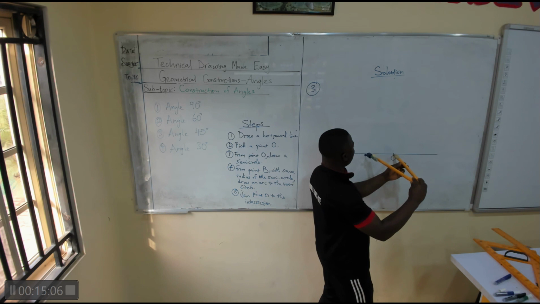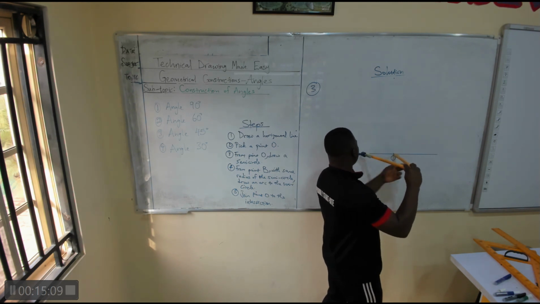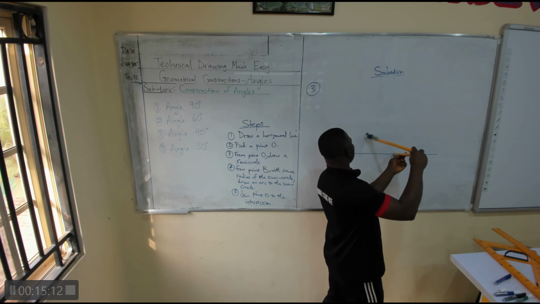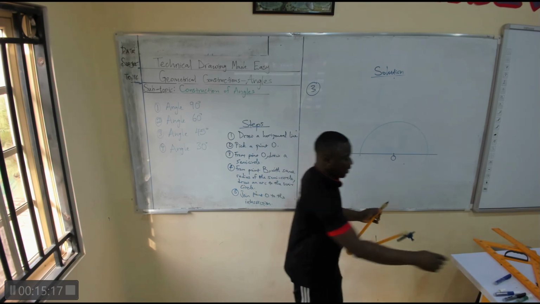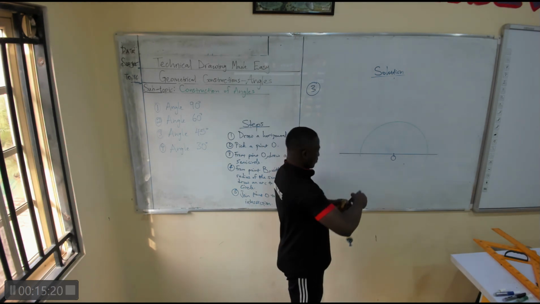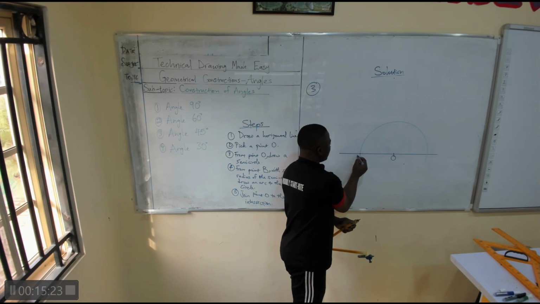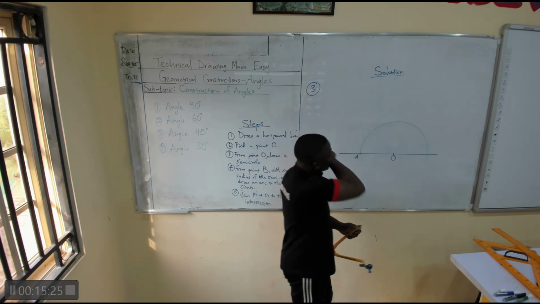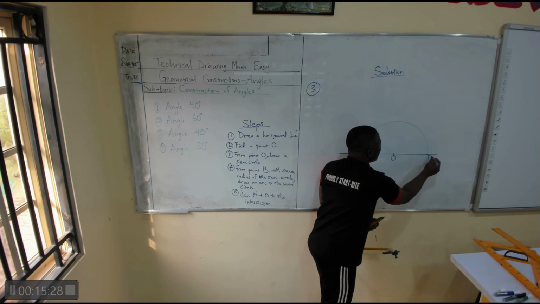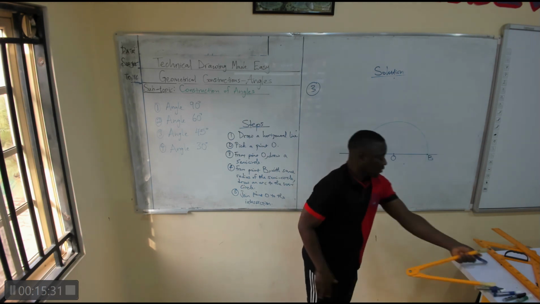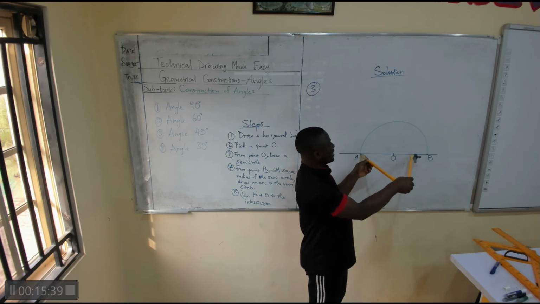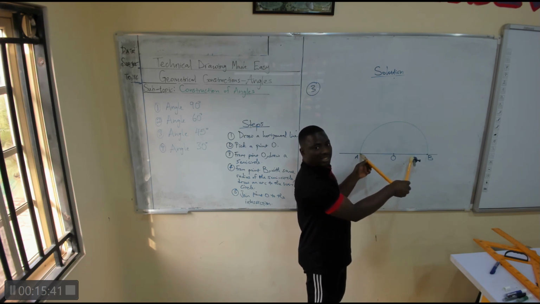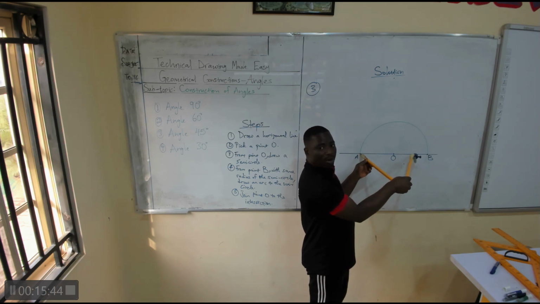The next step is from point O, I will draw a semicircle. When you're drawing a semicircle with your compass, you have to be very careful and make sure the legs of your compass are not shaking. This point, you call it A, where the semicircle meets the line. This point, you call it B. So from point A to bisect, you put your compass at point A, you extend it more than half.